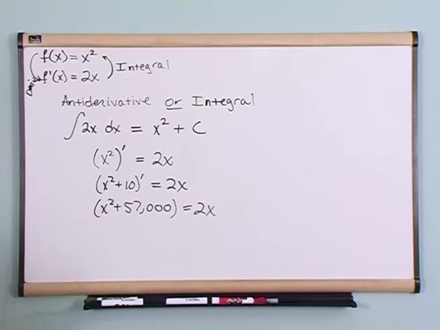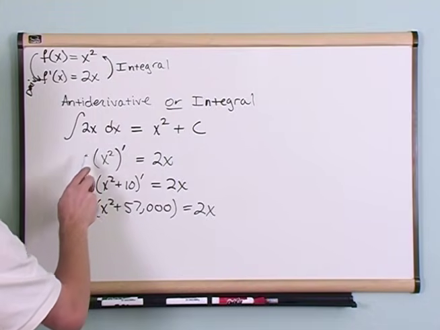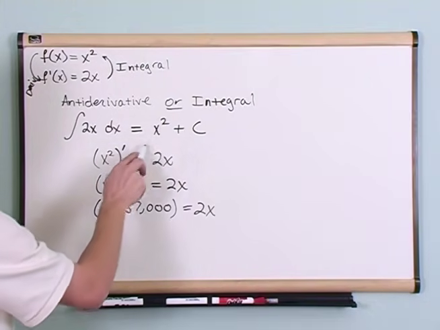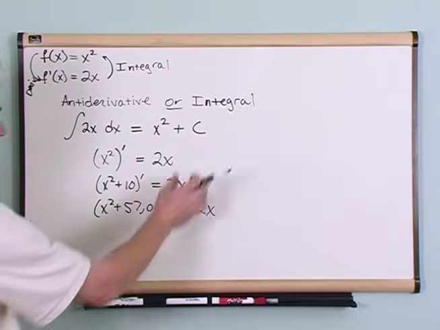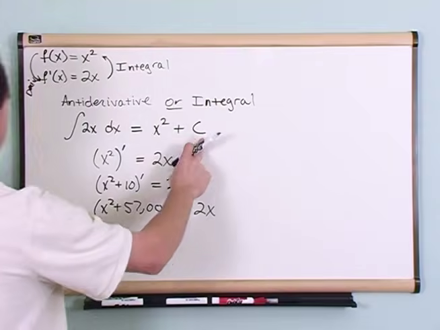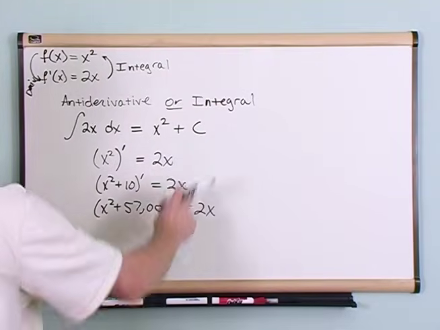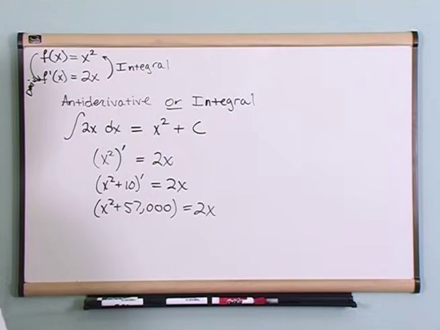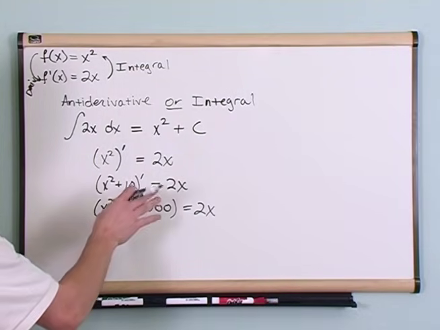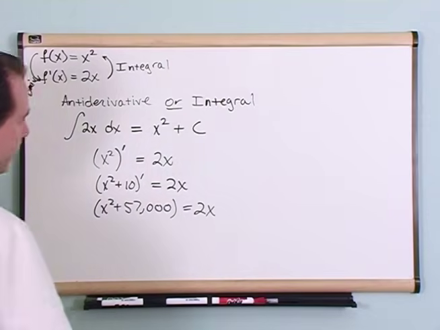So that is why when you take the integral of something like this, you write it down, you know what the answer is, but you always have to add a constant to it. And this is an arbitrary constant. This could be 1, this could be 10, this could be 50, this could be 1,000. It doesn't matter. It could be any number. That's why I put a letter there, and it's called C. The reason we write it there is to remind us that the real answer to this problem is an infinite number of answers.